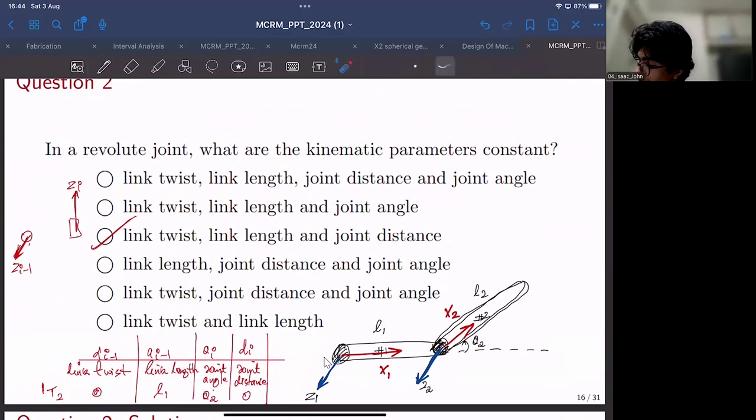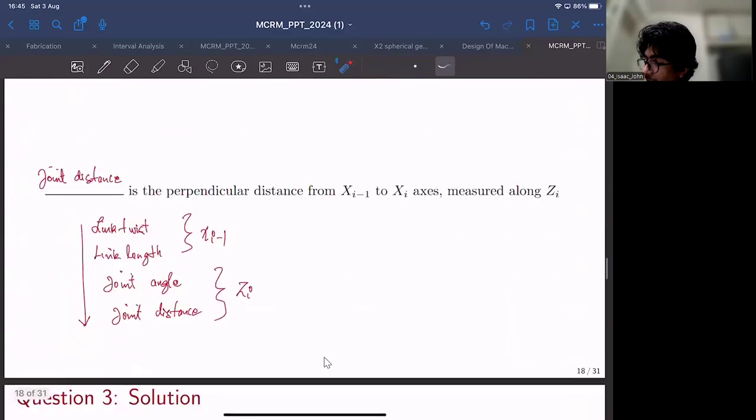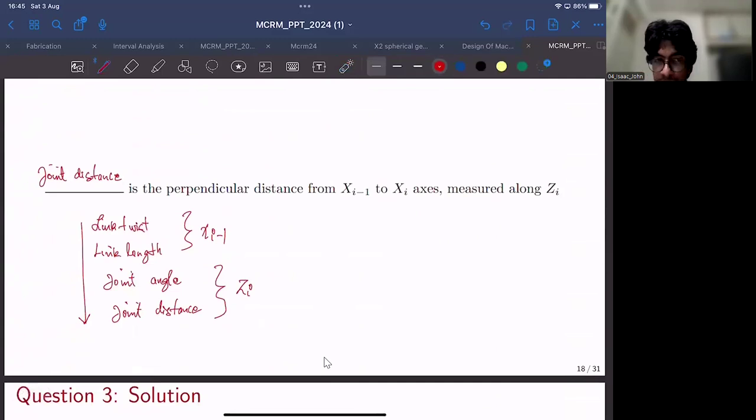Here in this example, the joint distance does not really apply because there is no offset between frame 1 and frame 2 along Z2. They are always lying along this line, so there is no offset. But if you recall what these definitions mean: link twist is rotation about the xi minus 1 axis by an amount alpha i minus 1.